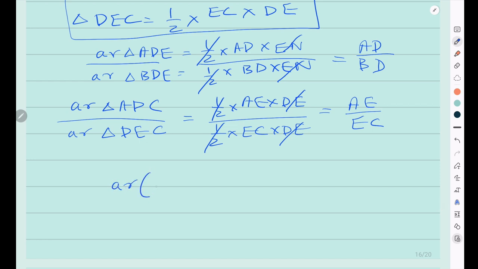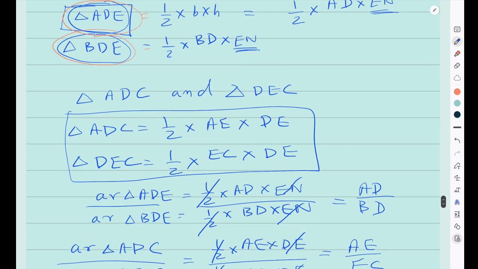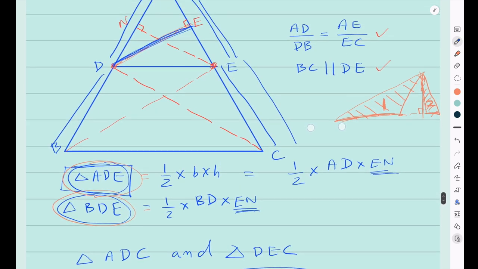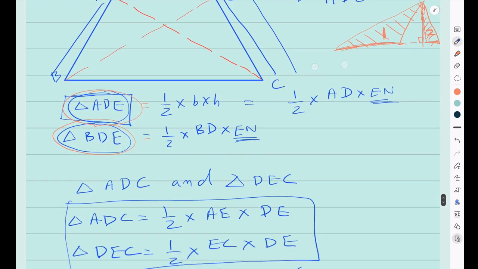Okay, area of triangle BDE is equal to area of triangle DEC. How is that? That's very important. Let us again see how it is going to be.